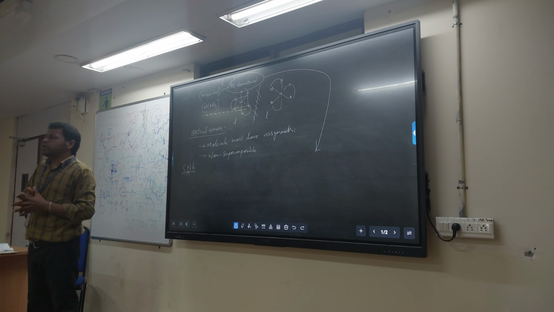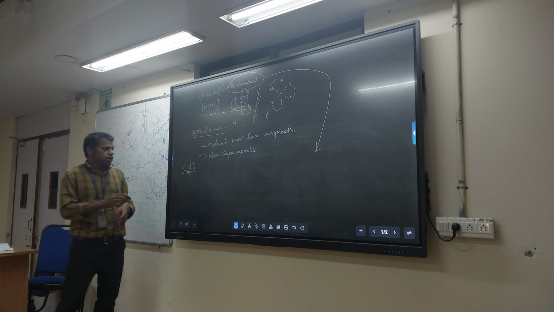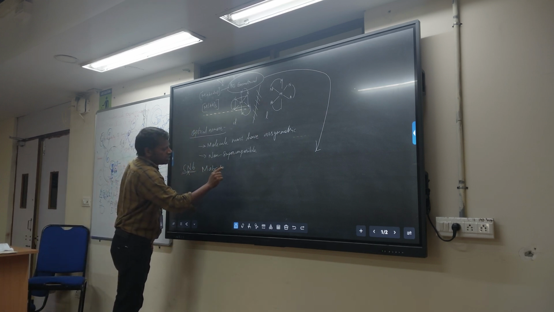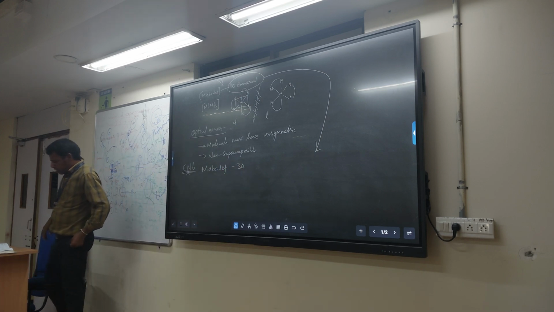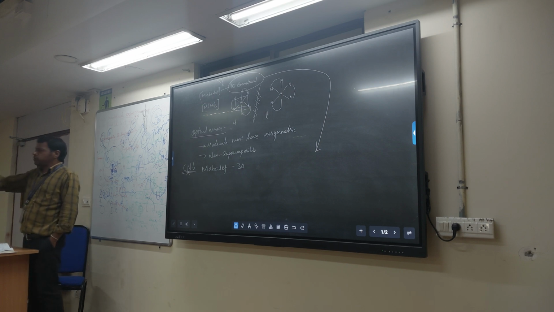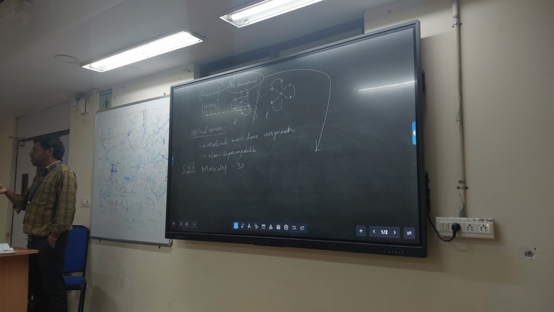So 15 geometrical isomers, how many optical isomers? 30. 30 optical isomers are possible for MABCDEF, because one geometrical isomer rotates light to the left-hand side and the right-hand side. So 15 geometrical isomers produce 30 optical isomers.